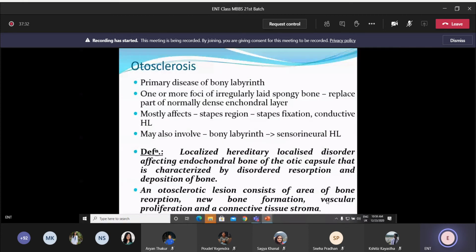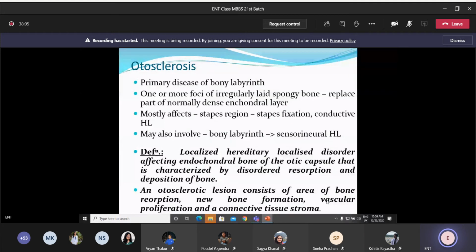So now the definition, you need to know the definition properly. They might even give you a question, define otosclerosis. Then you have to give this definition. This is a localized hereditary localized disorder affecting the endochondrial bone of the otic capsule. This is the disease of the otic capsule that is characterized by disordered reabsorption and deposition of the bone.